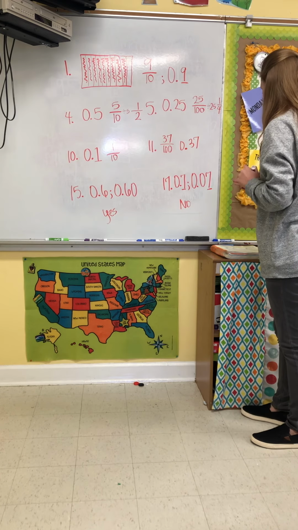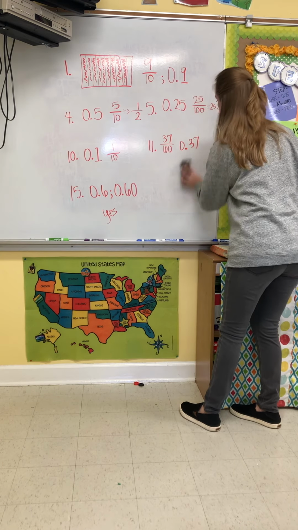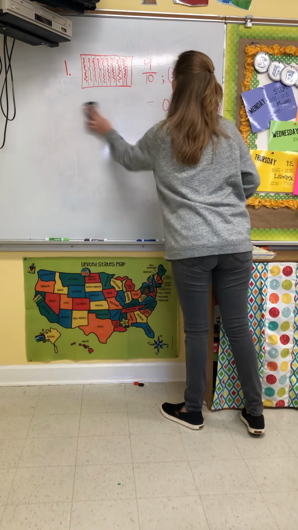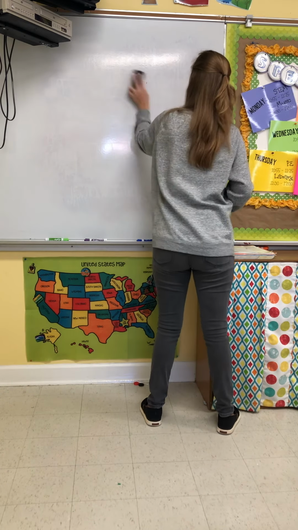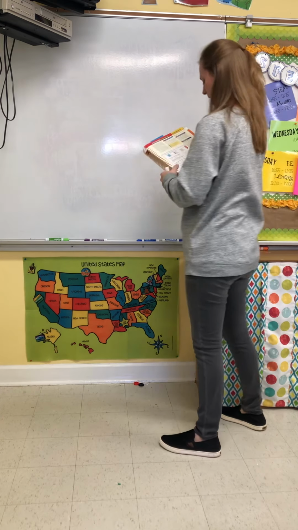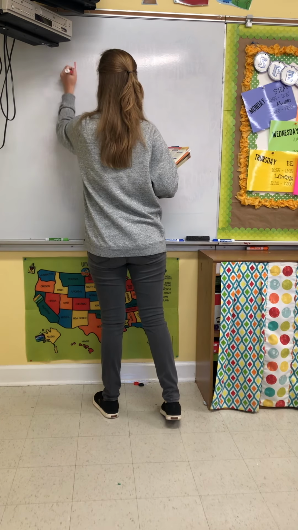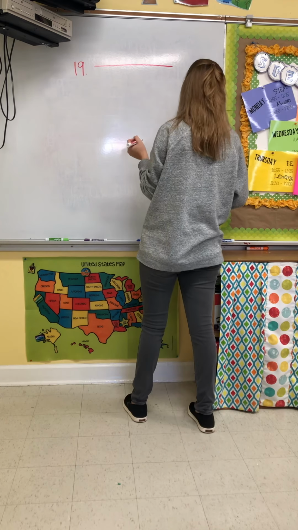Okay, let's look at your last section. I'm going to need to erase just so we have room. Alright. So we're working with a number line. Let's do 19. Alright, we have this number line.